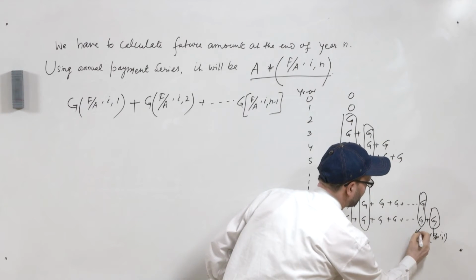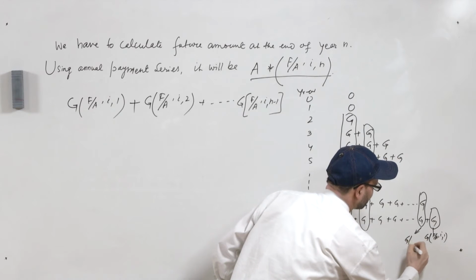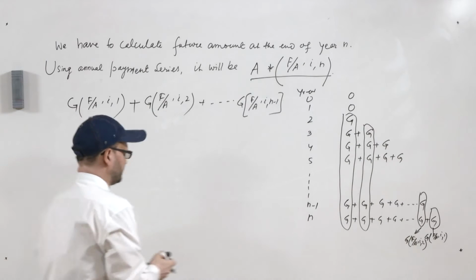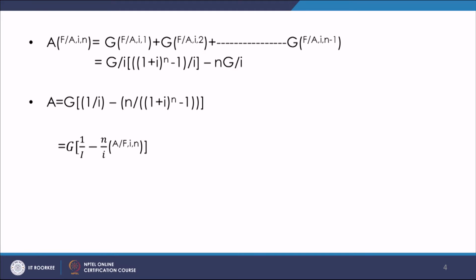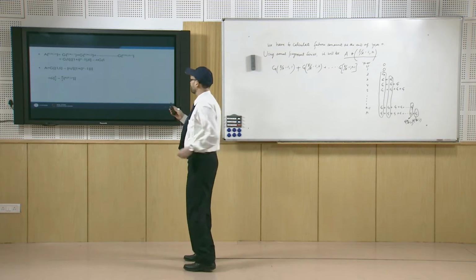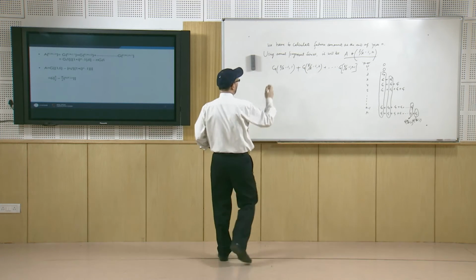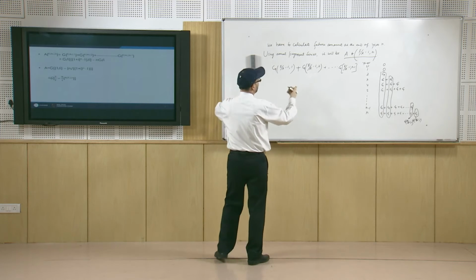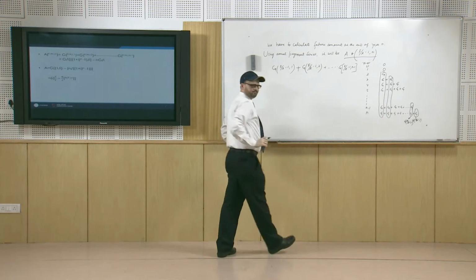This g will have component g times f by a I 2, like that. So, this is moving and it is going up to g times f by a I n minus 1. Now, you will find the expression and you have to equate them.